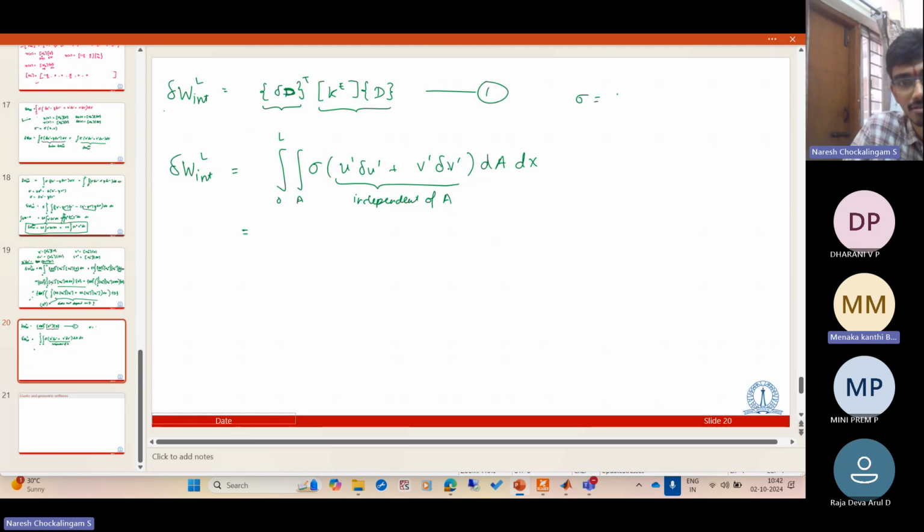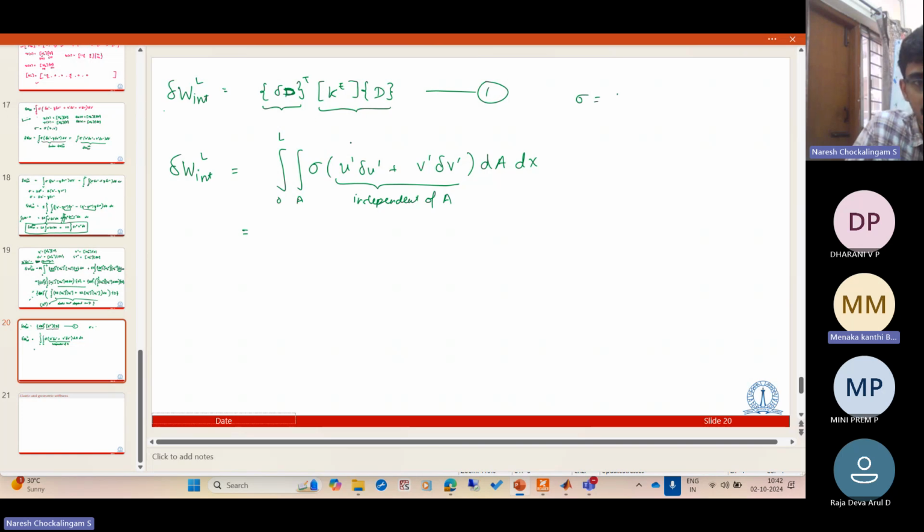U dash del U dash is not independent of X. It depends on X, but it does not depend on the area. U is the displacement along the center line, which does not depend on the area. And V is the transverse displacement of the center line of the beam. Even that does not depend on the area. So this is independent of the area.